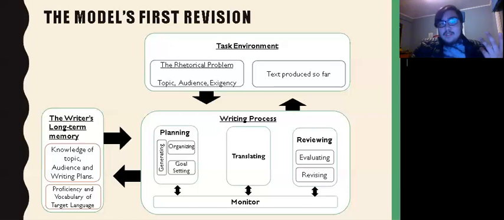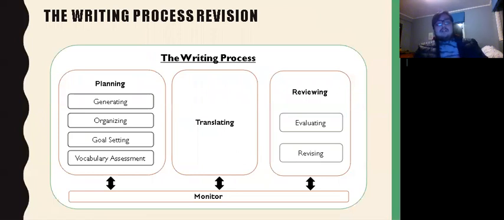But the second revision I would make to this model would be to the writing process, specifically in the planning stage. Here in the planning stage, I would add a vocabulary assessment. Why? Because when we write in a language that is not our own, we are more aware of the kind of vocabulary that we have.